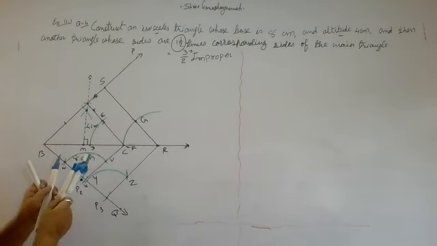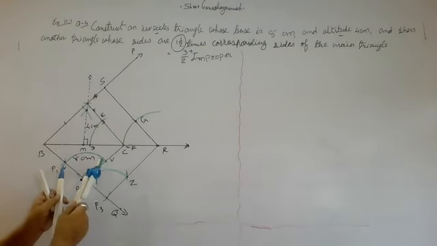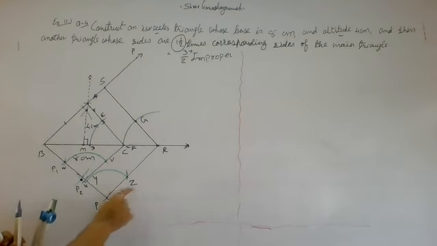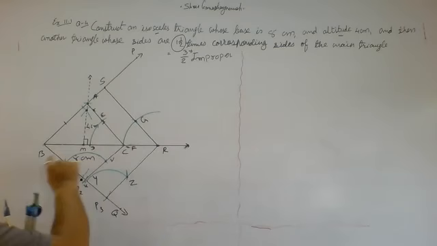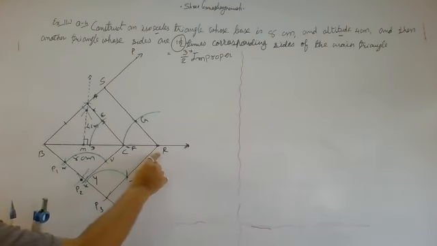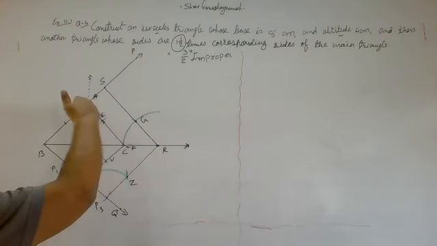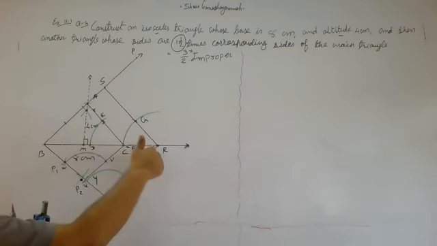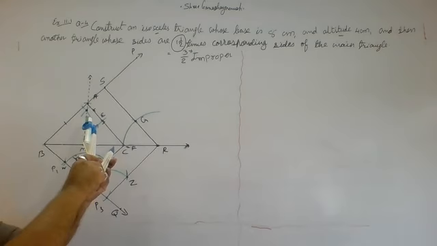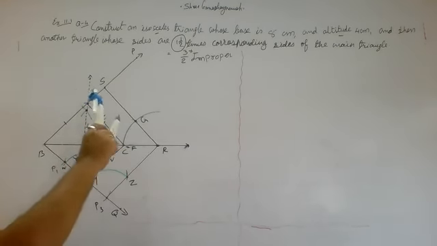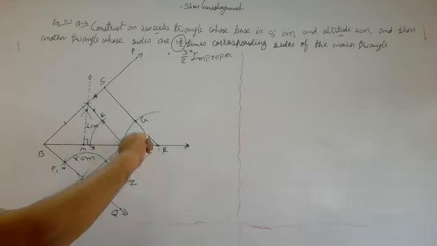Then I have considered the width of this arc. With the same measurement I have made the intersection at Z. Then I have joined P3Z. This line will intersect BC at R. Then from R we have to construct the parallel line to AC. For that I have taken any random measurement from C and R that intersects D and E. With the same measurement from R, it is an arc.